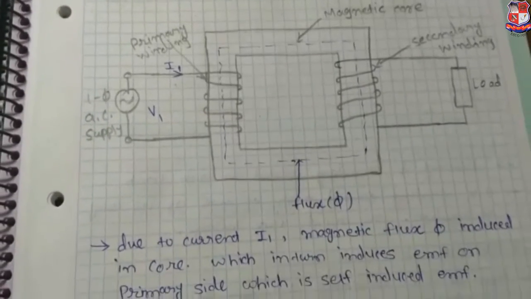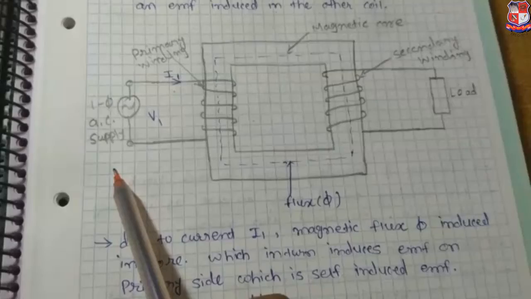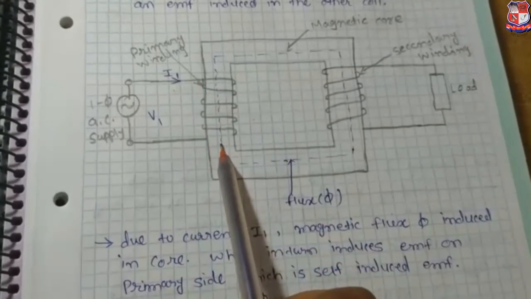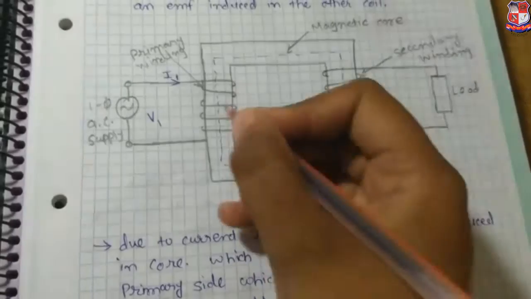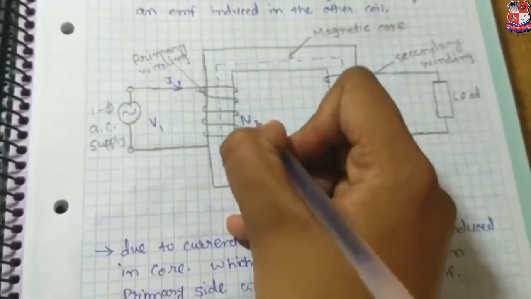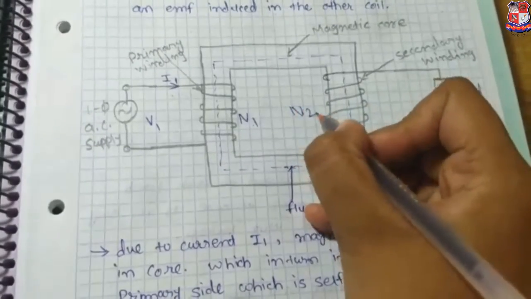So first of all, as I have said that we have taken the single phase AC supply and it is connected to the primary winding. So the number of turns in the primary windings are N1 and number of turns in secondary windings are N2.